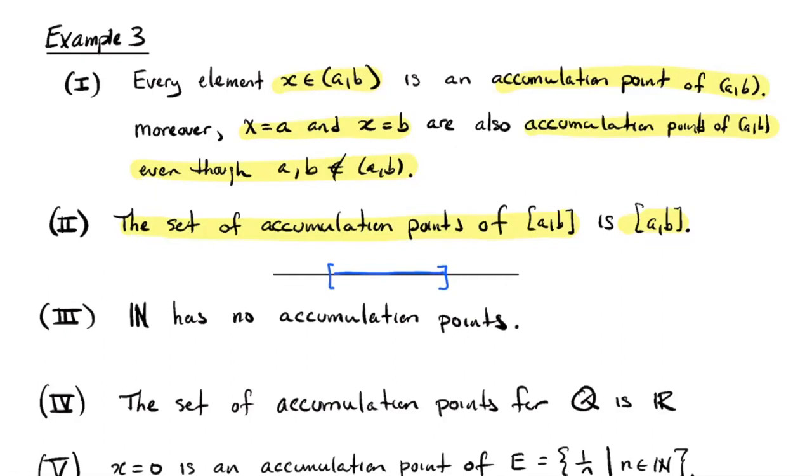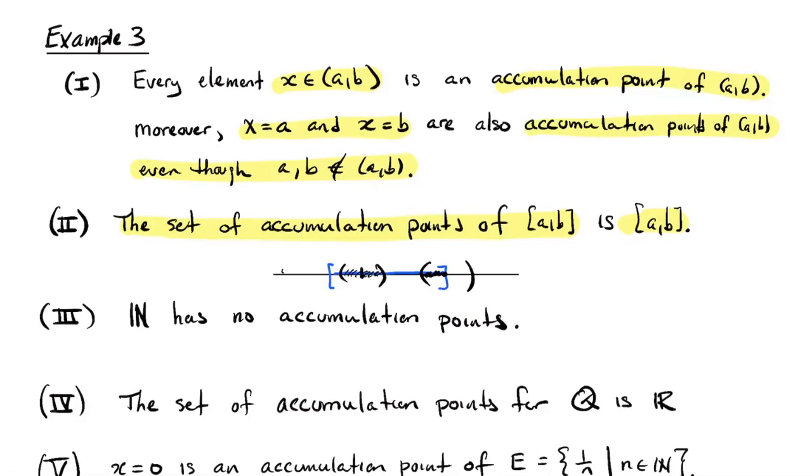If you pick an X in this interval, you could even pick it to be one of the endpoints. Then for every C, no matter what neighborhood you look at, the intersection of that neighborhood with this interval has infinitely many points in it. So it's an accumulation point. It's true even if you pick an endpoint. Yeah, if I pick an endpoint, every neighborhood has infinitely many points in it.